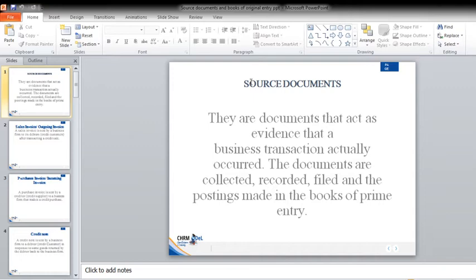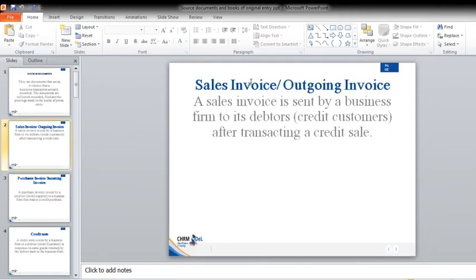In the same case, we have quite a number of documents which act as evidence of transactions happening in the business. One of the source documents we have in the business is what we call the sales invoice, also known as the outgoing invoice.